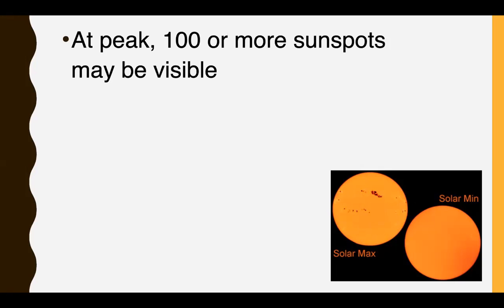So here you see in the bottom right corner the difference between solar minimum, where you see almost nothing, and solar maximum. You can see these two lines here and here. So this is what I mean. If this gas is moving faster than this gas, then at the border you would see more sunspots because the magnetic fields are stronger there.